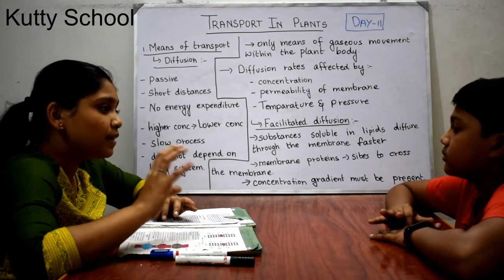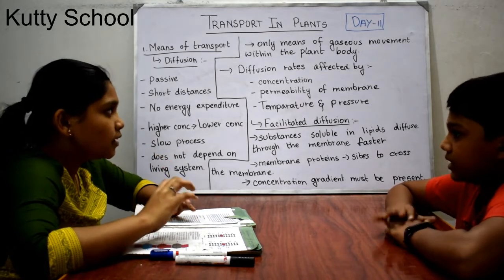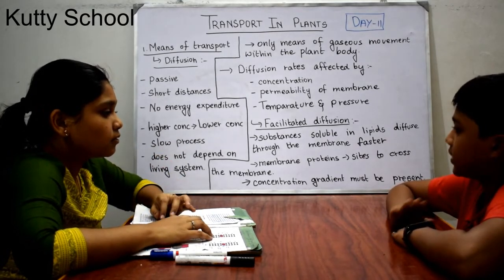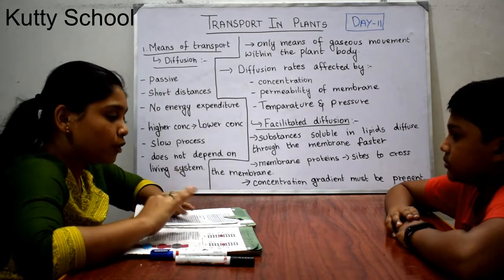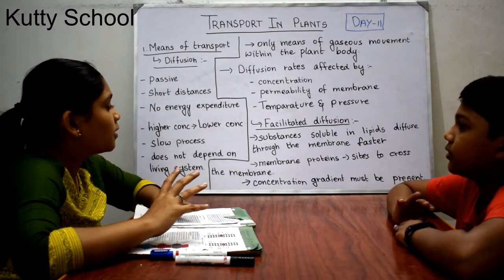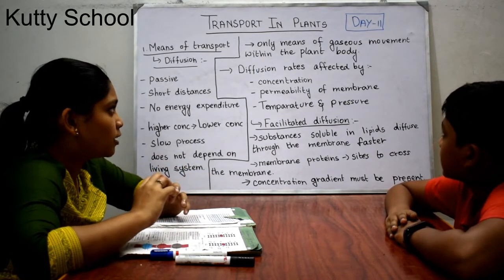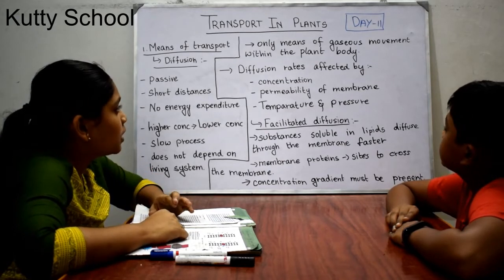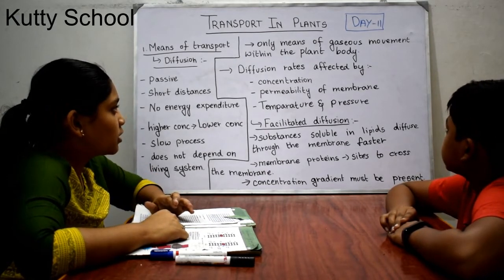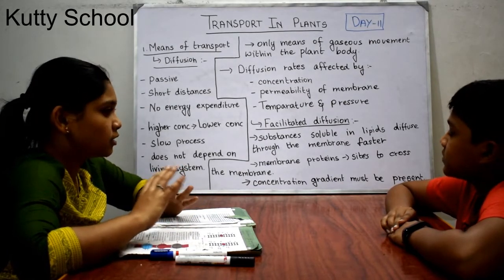Diffusion is the only means of gas exchange. Gases cannot go into the plant and come out of the plant without diffusion. But water also diffuses in the plant body for short distances. Diffusion rates are affected by concentration, that is, lower concentration and higher concentration.